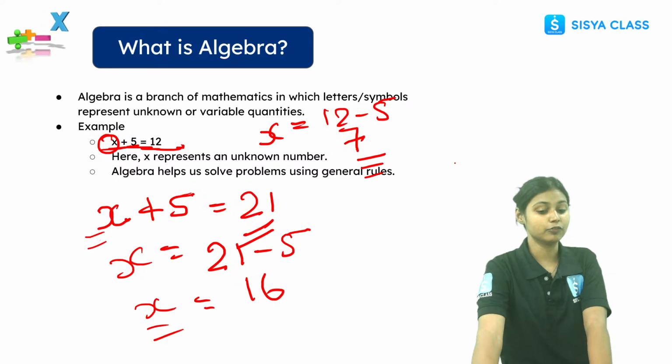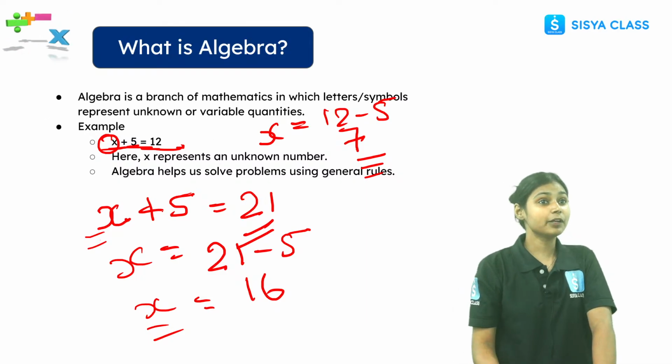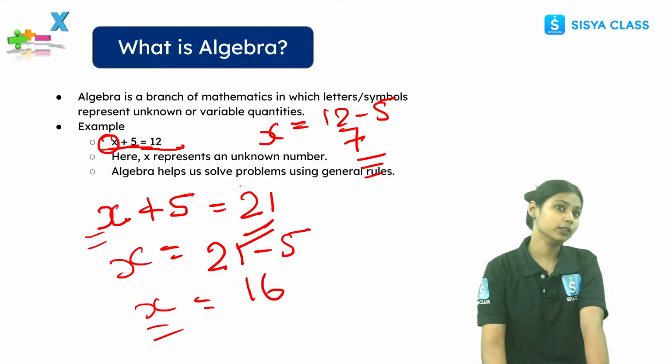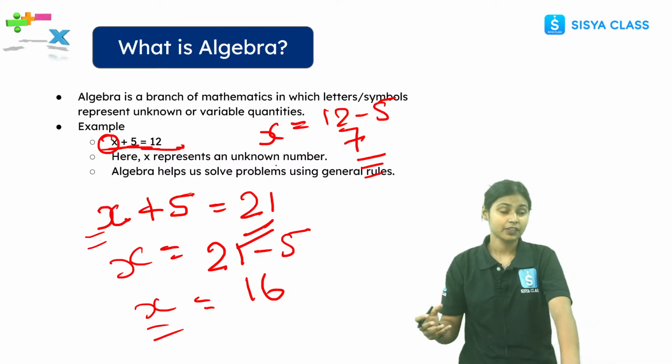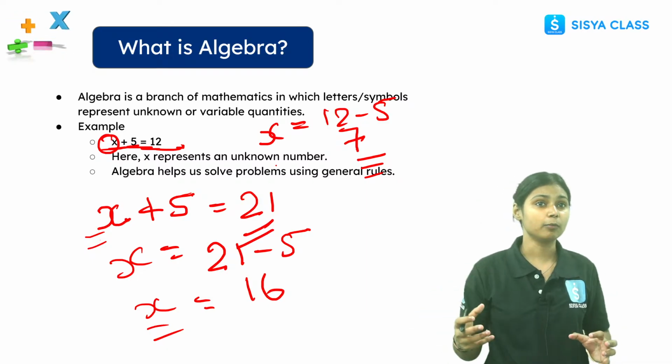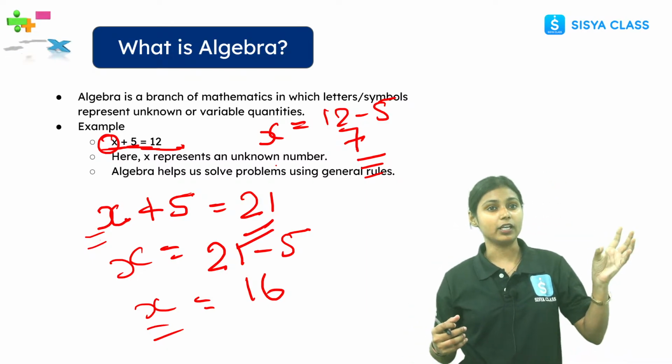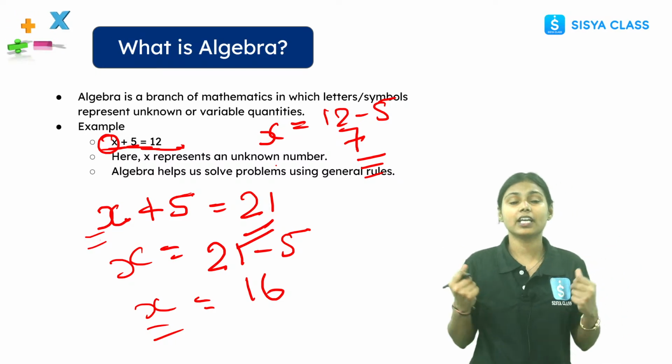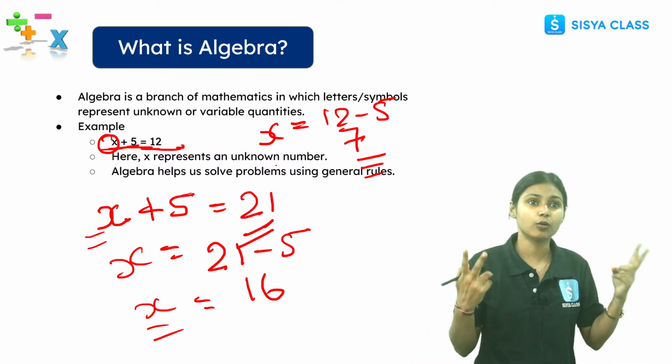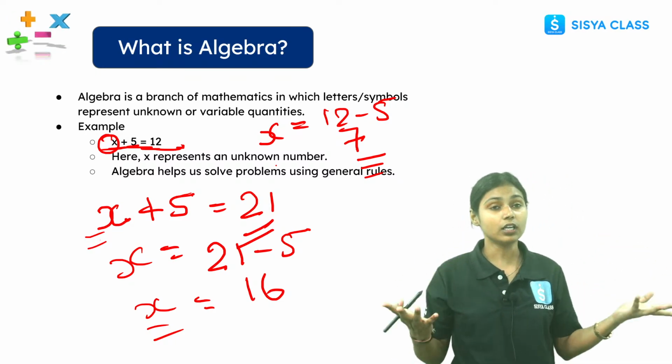Let's move forward. Algebra helps us solve problems using general rules. It helps us solve problems where we don't know one value. Let's suppose we have 3 values, where we know 2 values and the third value is not given to us.